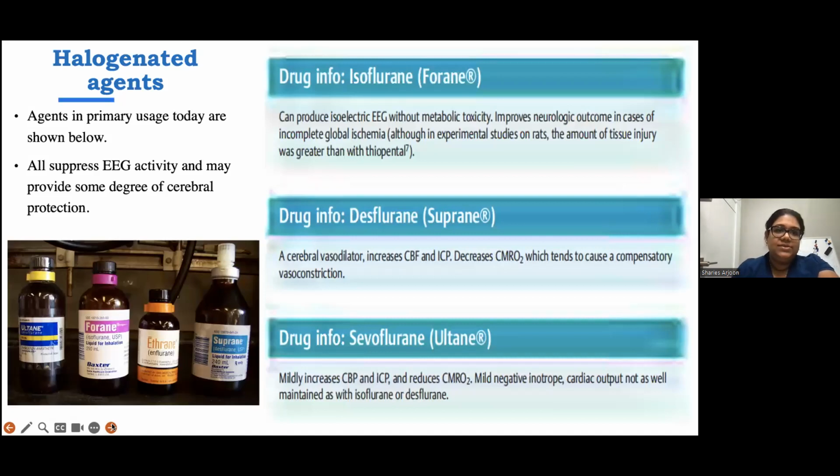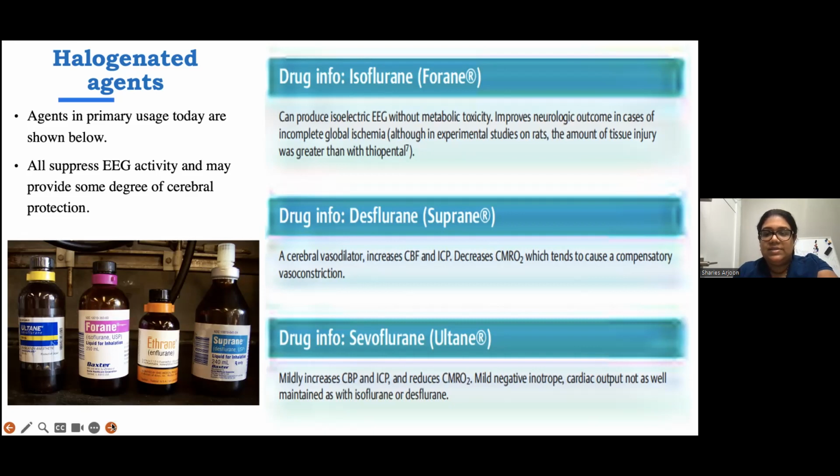Moving on to the halogenated agents. All suppress EEG activity and they may provide some degree of cerebral protection. So isoflurane can produce an isoelectric EEG without metabolic toxicity. It improves neurological outcome in cases of incomplete global ischemia. Desflurane is a cerebral vasodilator and it increases cerebral blood flow and ICP.